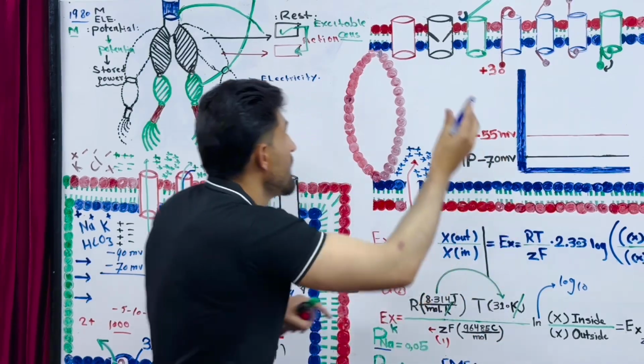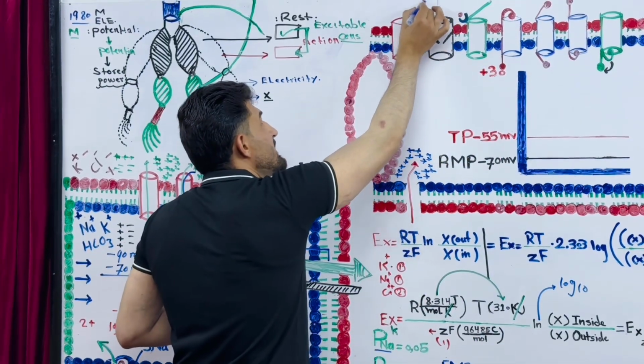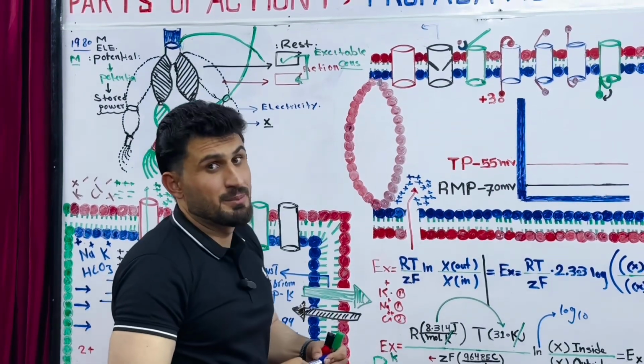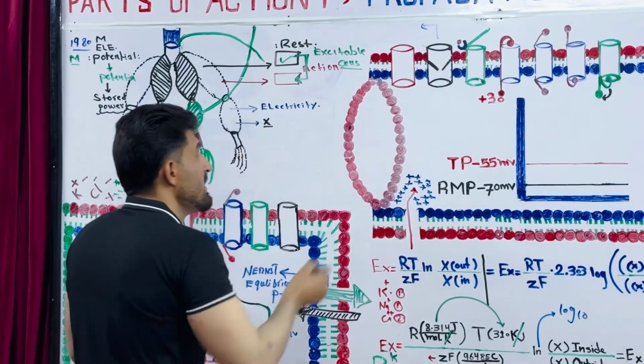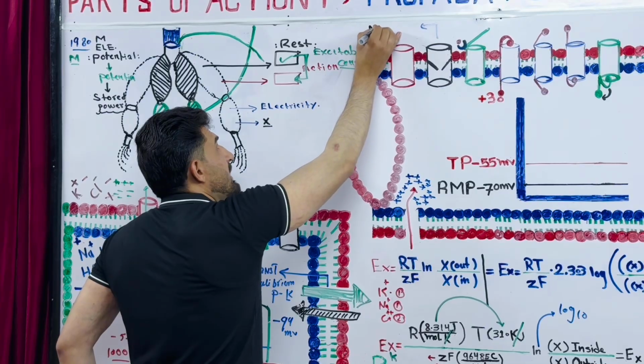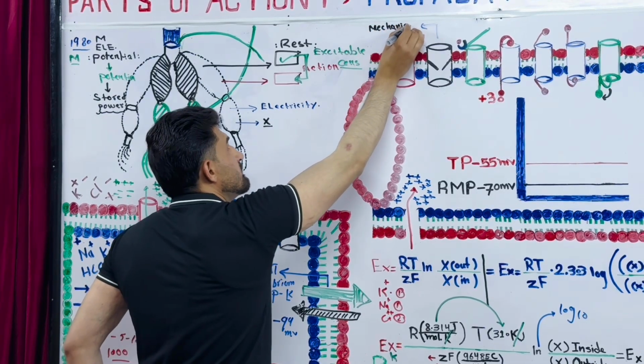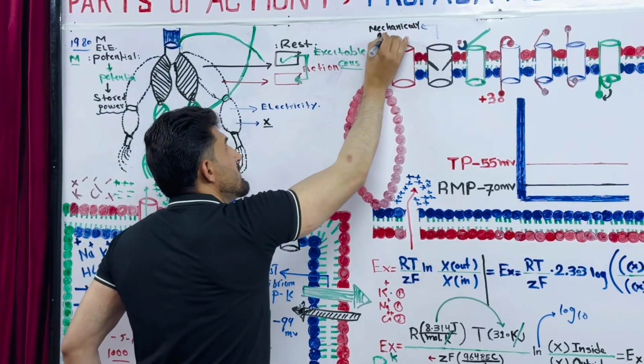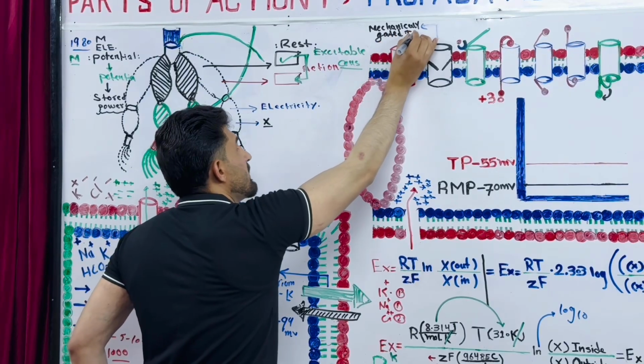I've already explained all types of channels in a previous lecture, but anyway, this type of channel is called mechanically gated ion channel.